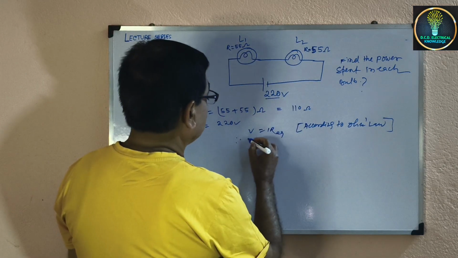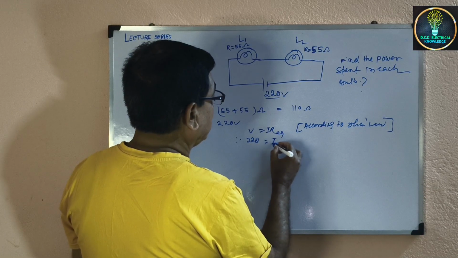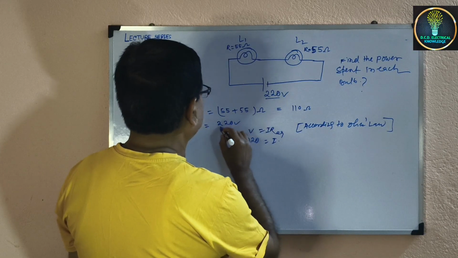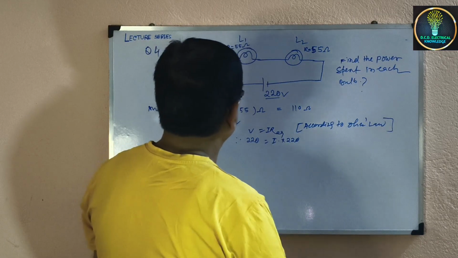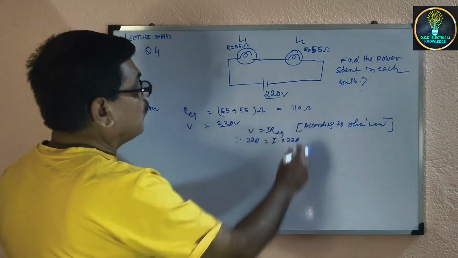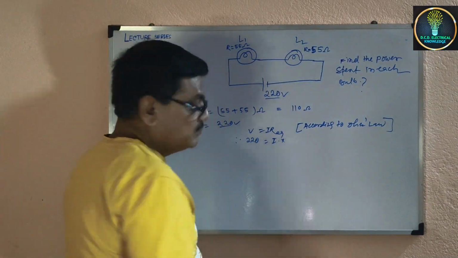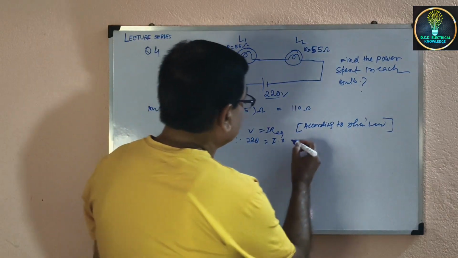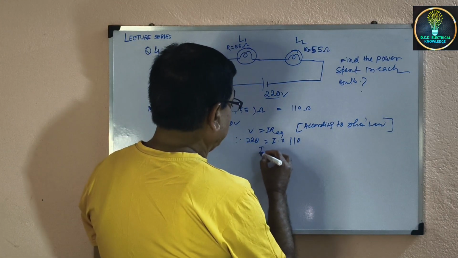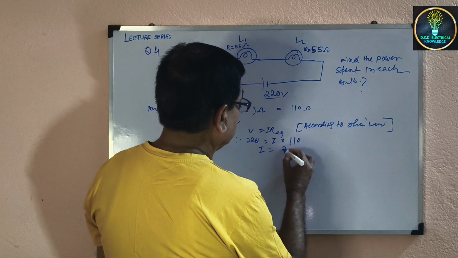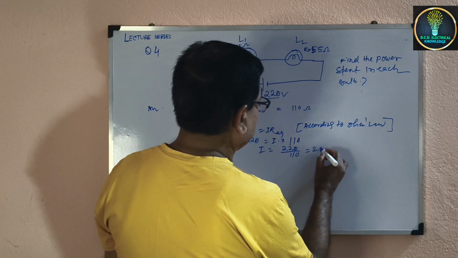Then 220 is equal to I multiplied by equivalent resistance, 110. So I is equal to 220 by 110, that is 2.